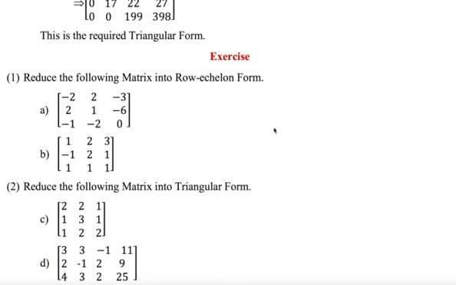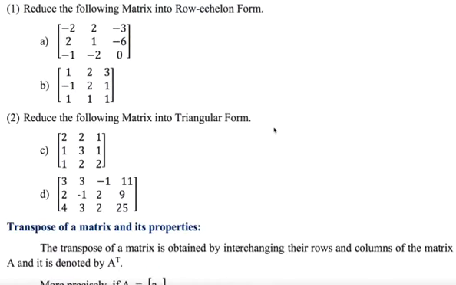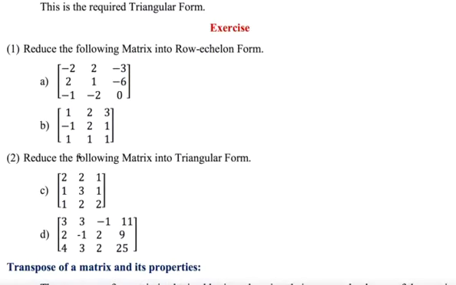Fair enough. Let us do some exercise problems also. Reduce the following matrix into triangular form. This is a 3 by 3 matrix, this is also 3 by 3, this is also 3 by 3. So out of the 3, I will do 1, and this one is 3 by 4. But the procedure is similar. Let me pick only one. Let me pick this one, A1, and do it for row echelon form.